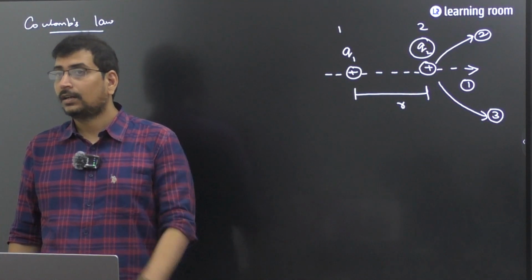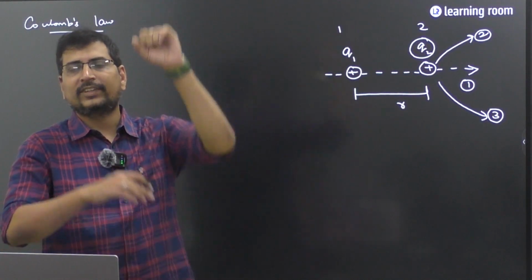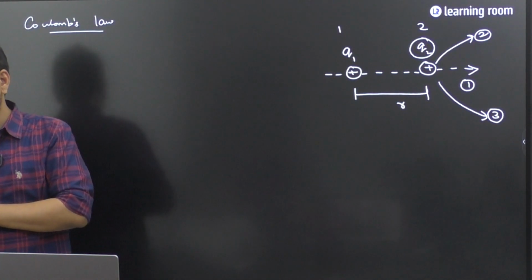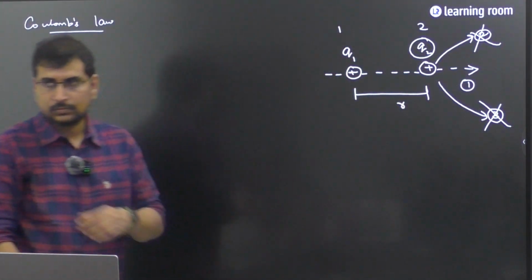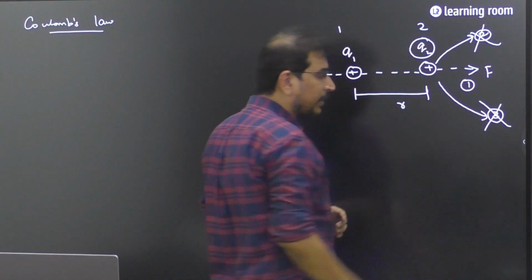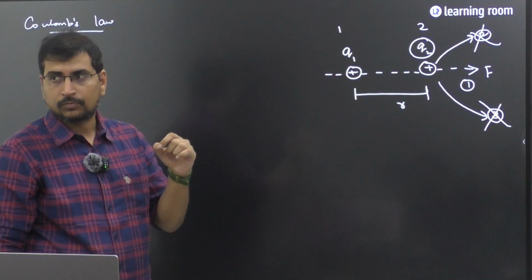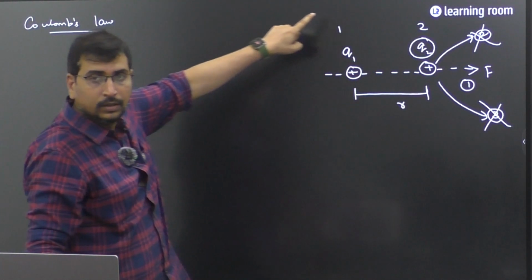Along the axis, along the line. Correct. So force always acts along the line joining both the charges, so this and this are wrong. This is the direction in which force is experienced by the second charge due to the first charge.